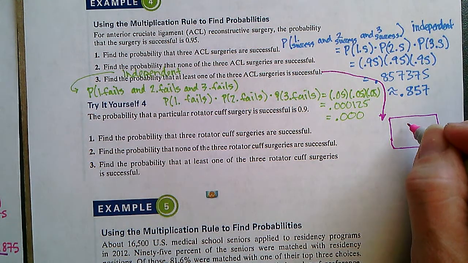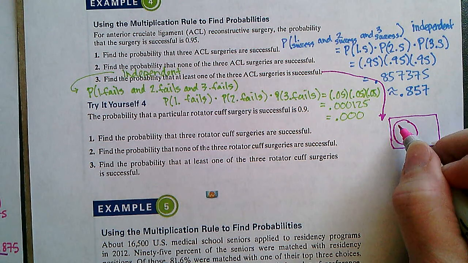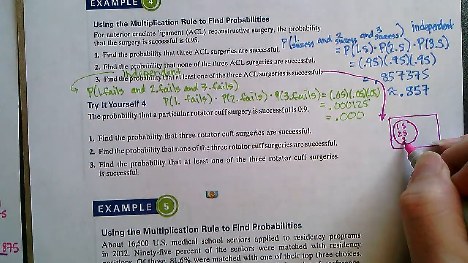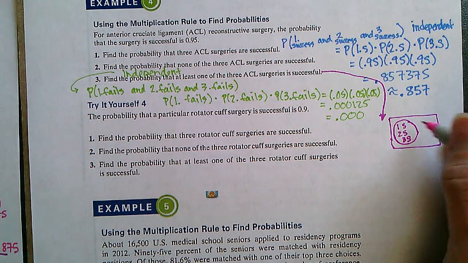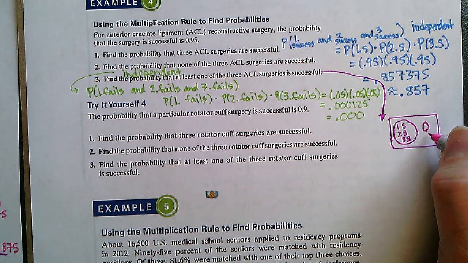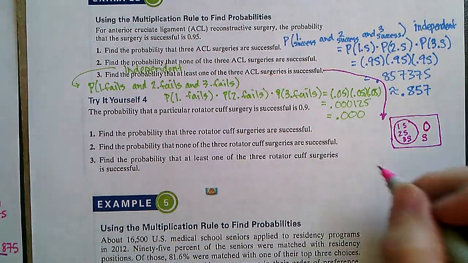That would include the possibilities of 1 success or 2 successes or 3 successes. Out of the 3 surgeries, that only leaves 1 possibility out here in the complement, and that is 0 successes.